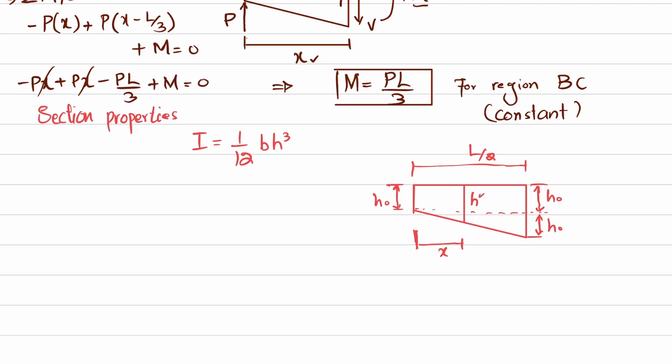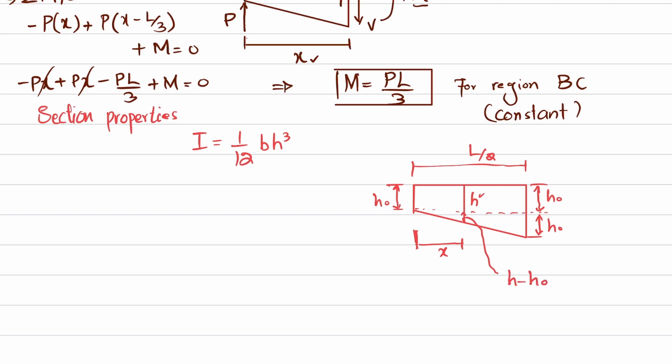For that you can see that we have two right angle triangles. One is this one, focus on it, and the second one is this, and these two triangles are similar. So what is H? I will write it. You can see this distance will be equal to H minus H naught.